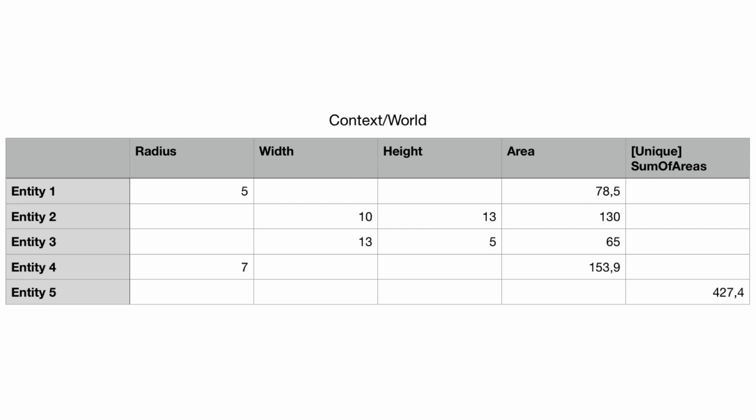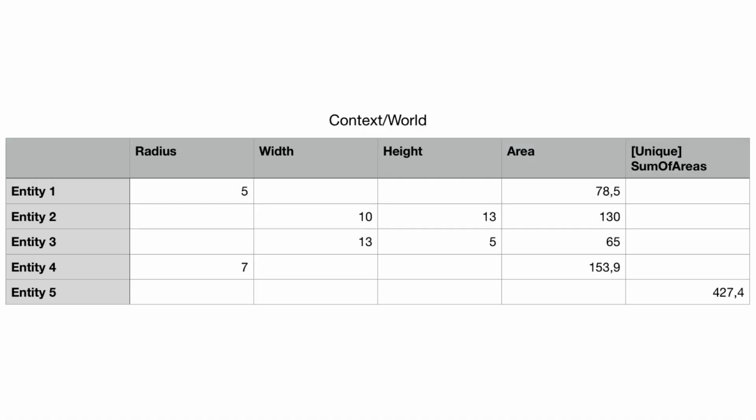It doesn't make sense to have multiple entities which have sum of areas in this particular scenario, right? It could be a different scenario where we say, okay, we would like to have multiple, and so on and so forth. In this case, I decided I would like to define it unique. So basically here we have a new entity which is created to represent the sum.